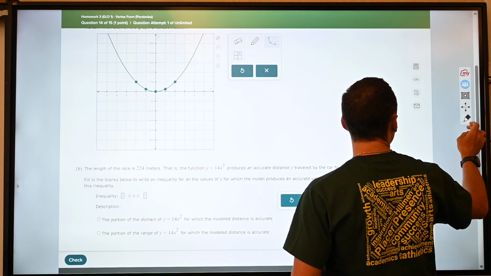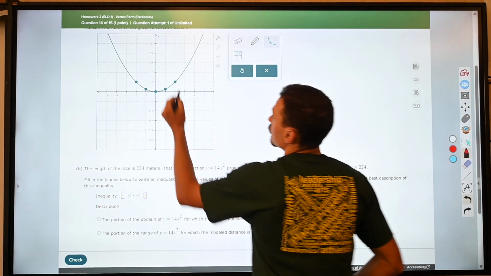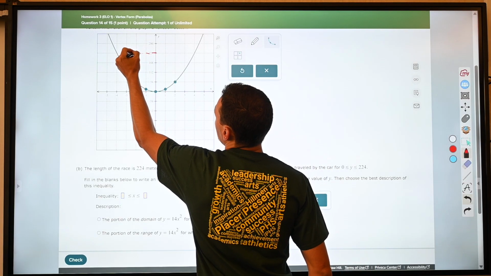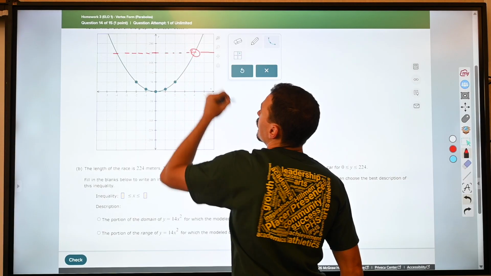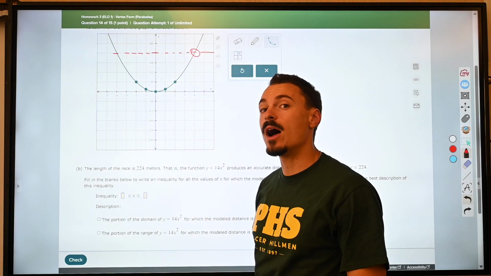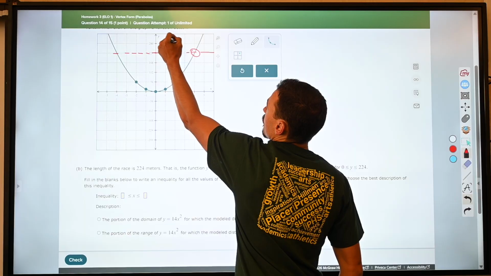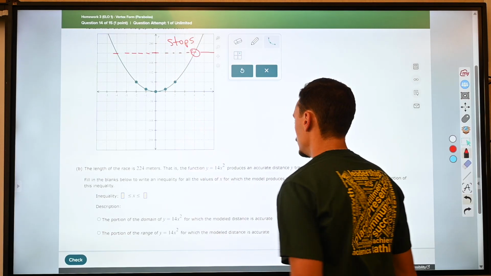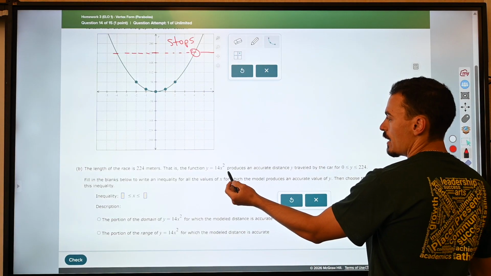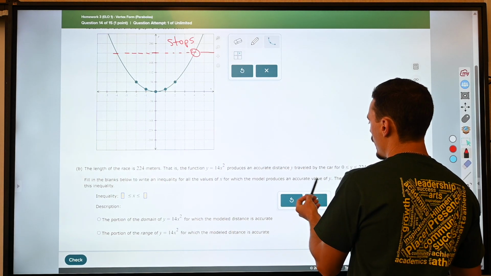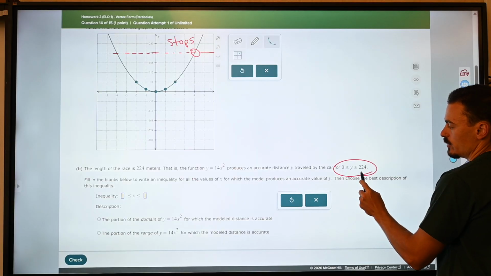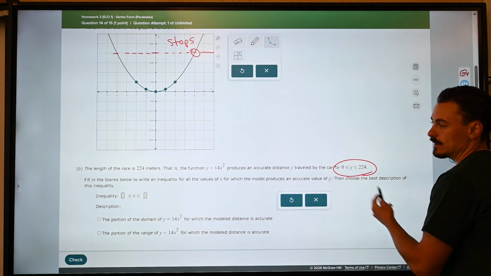So if we look at our graph, that's right here. Right there is when the race stops. So the race stops at 224 meters. That's for this function. It produces an accurate distance y from 0 to 224. So that's the length of the race.